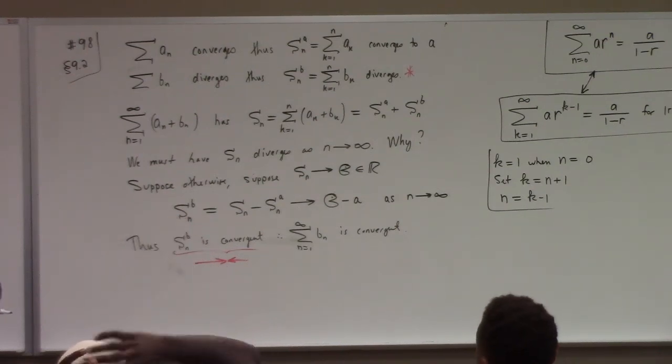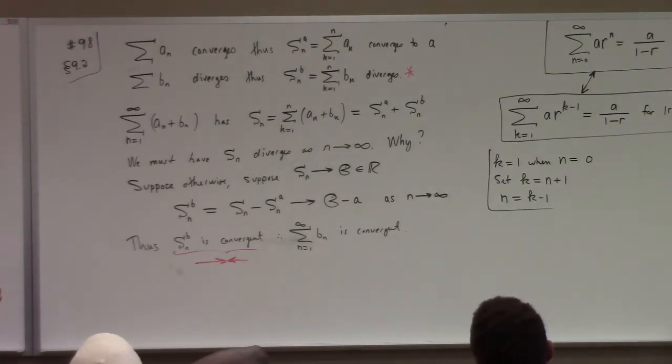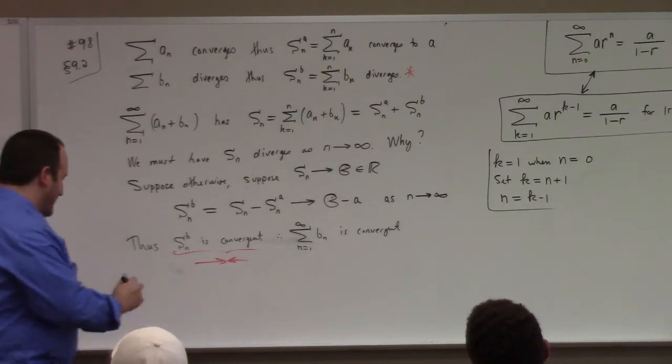Had a sub n also diverged, isn't there a possibility that it could? We assume at the start of the problem that the series formed with terms a sub n converges. If you say that they both diverge, is there a possibility that the sum could converge? It is possible it could converge.